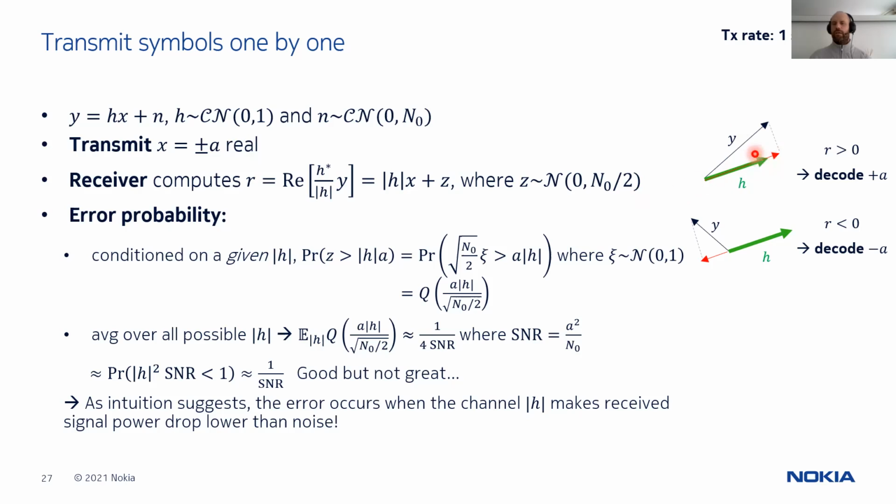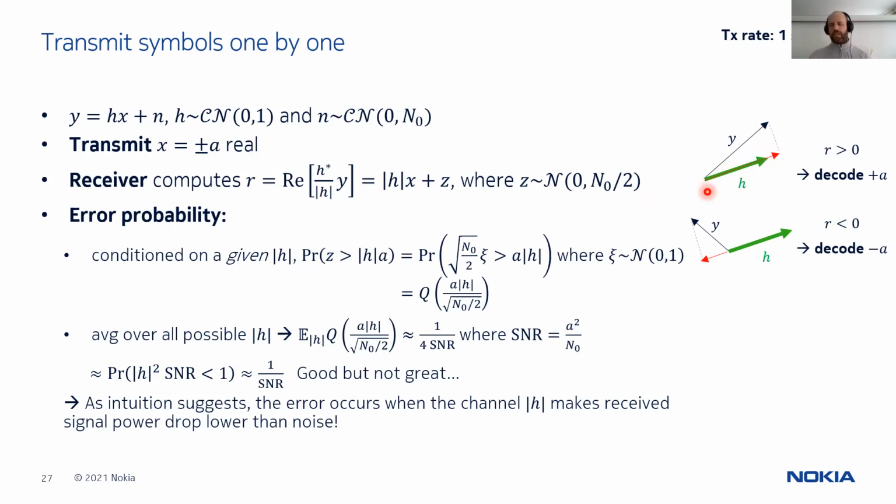Whatever occurs out of this line is not important to us, because we always project onto this line. So the problem is when the projected noise onto this line is so big that this vector points in the other direction.